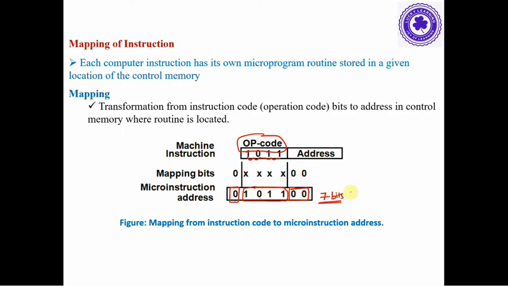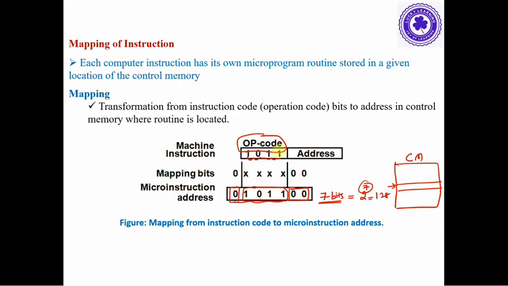7 bits means we are using a control memory of 2 power 7, which equals 128 words. To address the control memory, we use a 7-bit address, and that 7-bit address represents some part of the control memory.